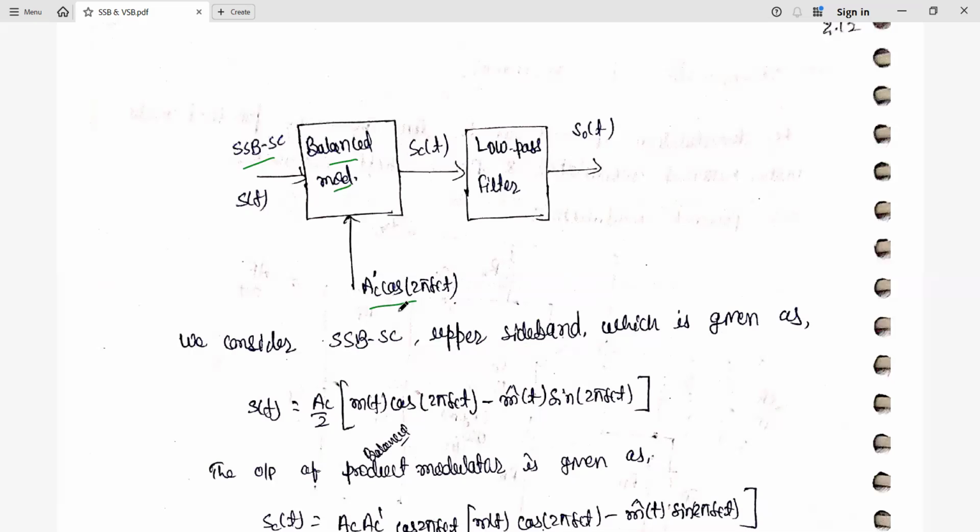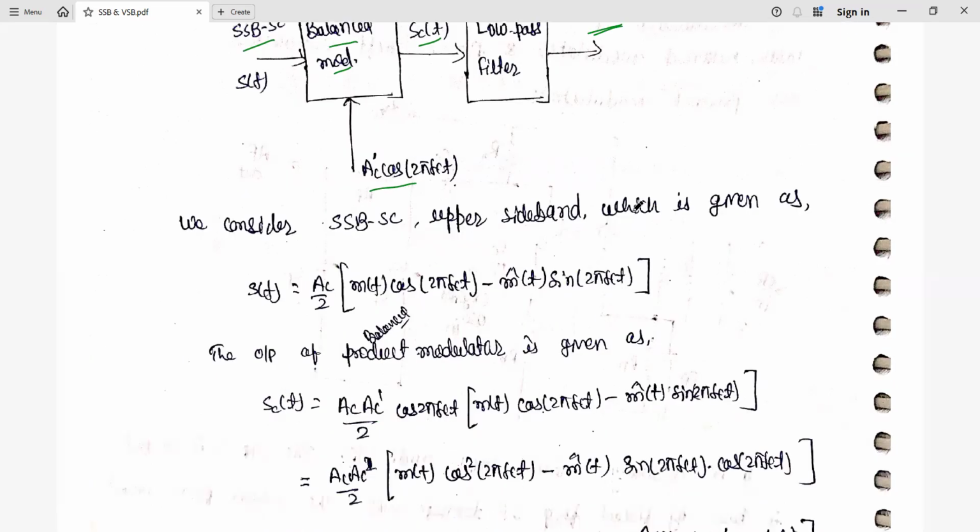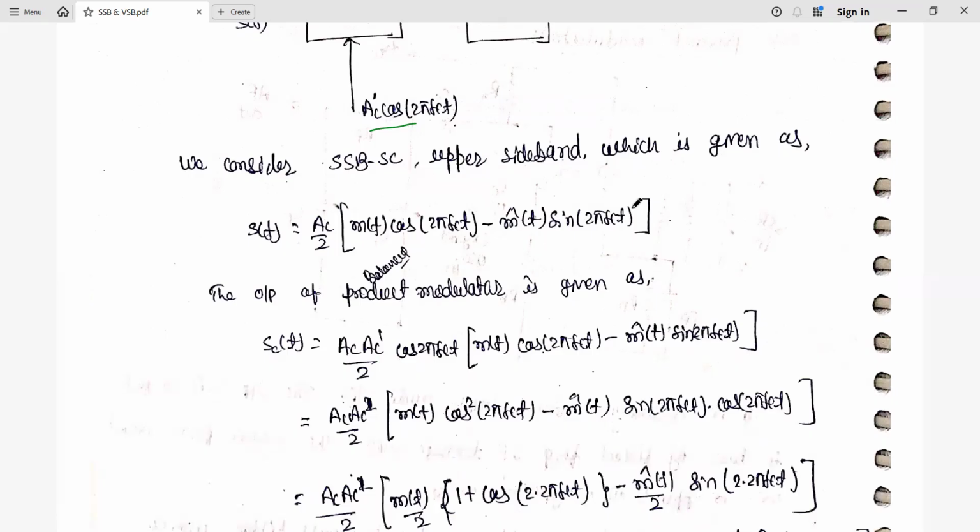So here we are taking a different amplitude. The output of the balance modulator is Sc of t, and finally it is given to the low pass filter. Then we have the demodulated signal here. In terms of expressions, we already have a separate lecture for generation. There we can obtain either the upper sideband or the lower sideband depending upon your combinations.